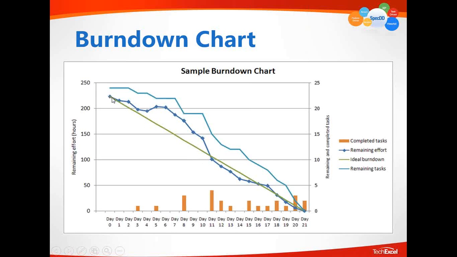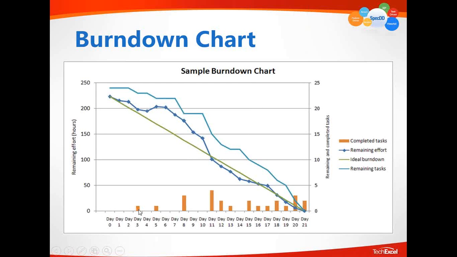Obviously, the goal is that on day 0, all the tasks are created and all the time is estimated. On the end day of a sprint, all the tasks are closed and the time remaining effort becomes 0.